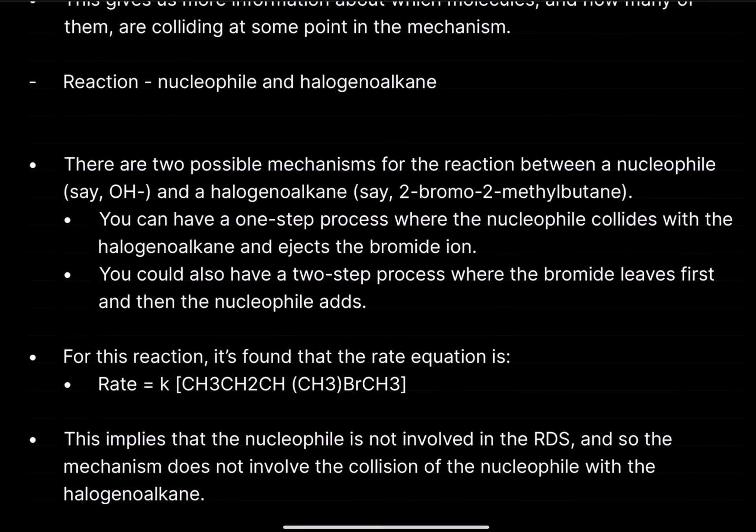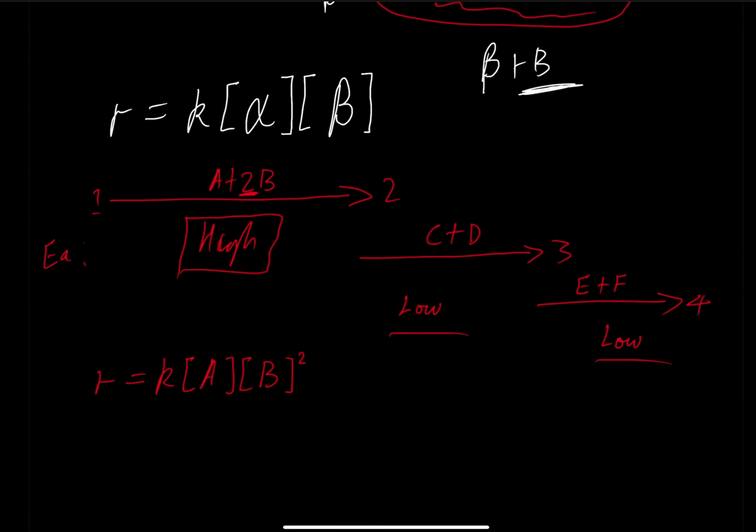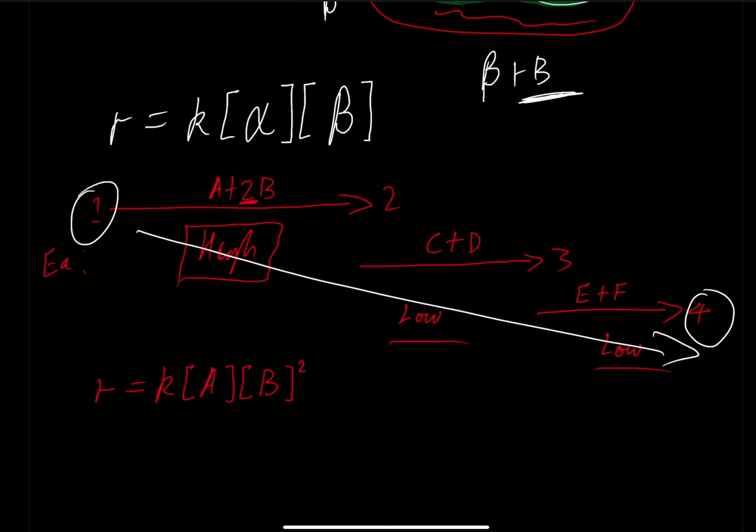Let me bring it back to this example here. If I wanted to change the rate of this reaction from 1 to 4, I would increase or decrease the concentration of A or B. I could increase the concentration of C, D, E, and F as much as I want, but it wouldn't affect the rate of our reaction at all.